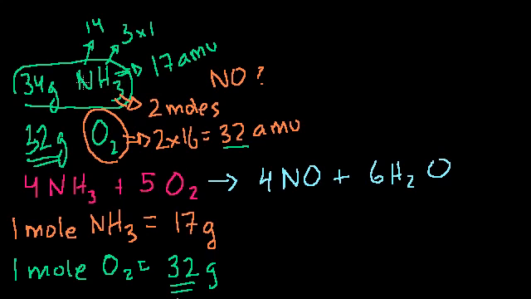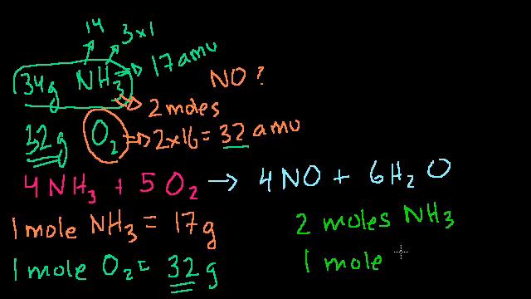So we've been given 34 grams of ammonia, which is 2 moles. Let me write that in a nice, vibrant color. We've been given 2 moles of NH3, ammonia, and 1 mole of the oxygen molecule. Now, when we look at this reaction, for every 4 moles of ammonia, we need 5 moles of oxygen.